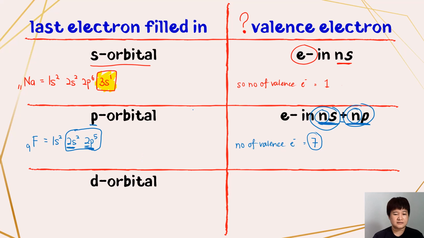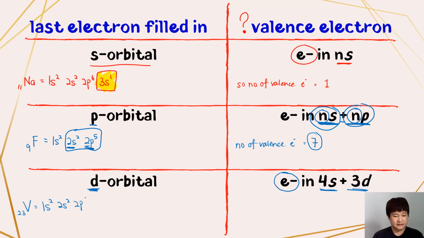Last but not least, if the last electron that you put in is in the d orbital, the valence electrons will be those in the 4s and 3d. For example, I have vanadium 23. For vanadium 23, my SPDF notation will be something like this.